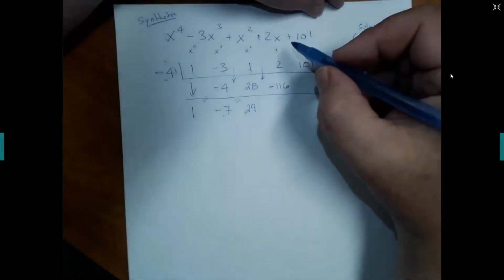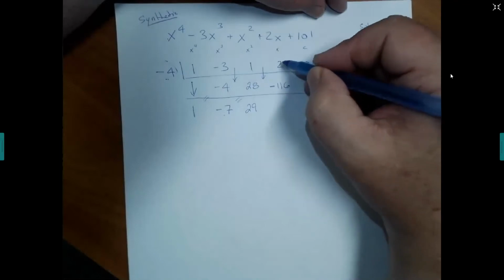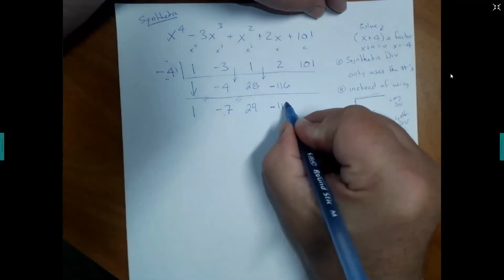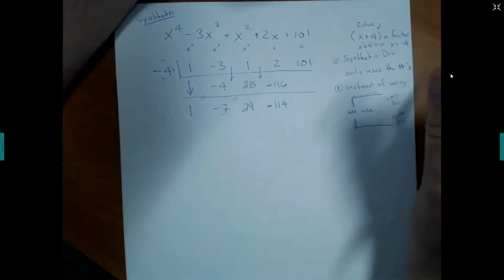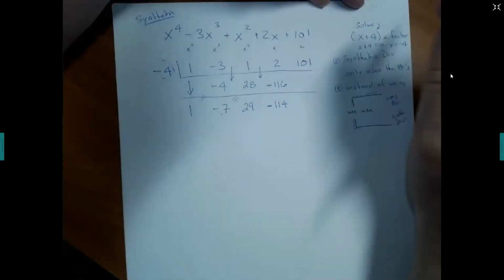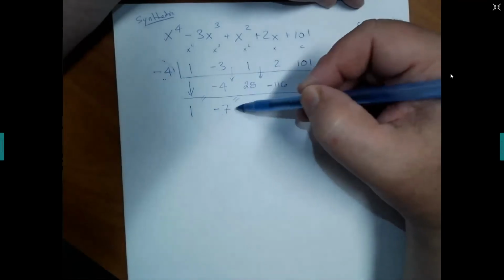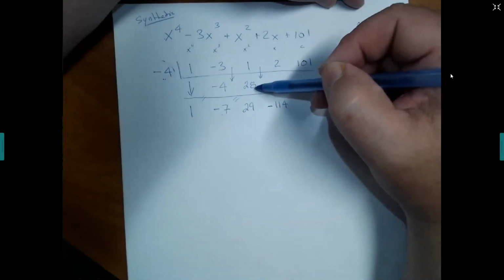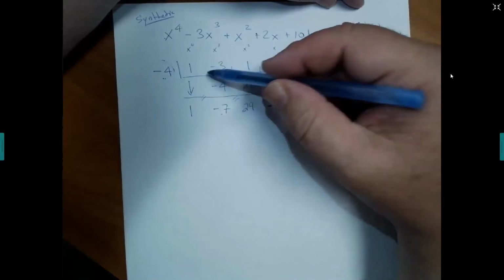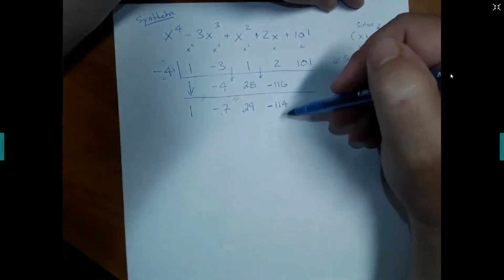Okay. -116 plus 2, that's a negative. It's a 114. Let's make sure this is right. -7 is positive 28. 29, that was 36, 8, 9, 10, 11. Okay.